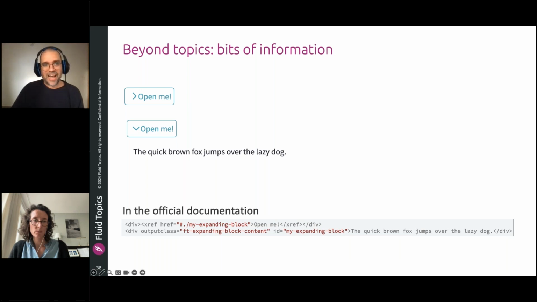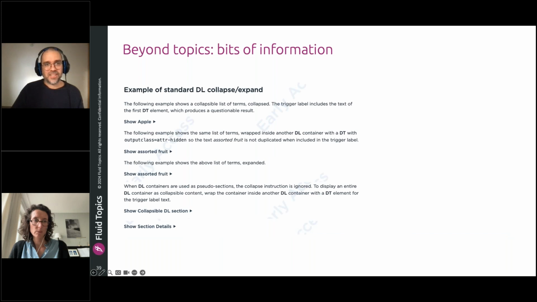Yeah, but I had a pretty interesting use case with a client who had many different collapsibles. This client had definition lists and wanted to see the definition terms shown for the labels.